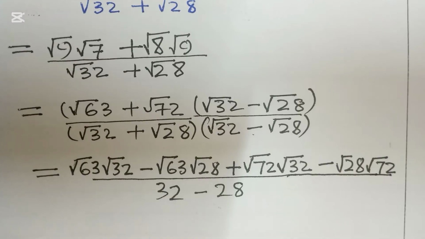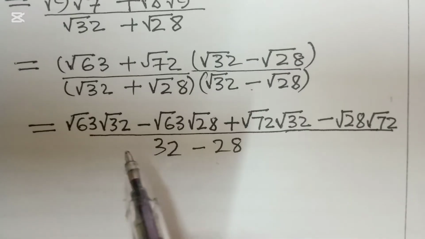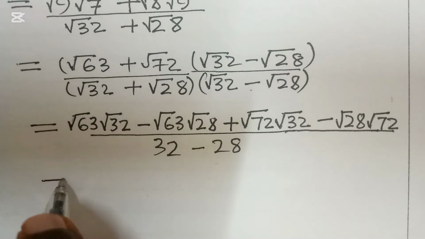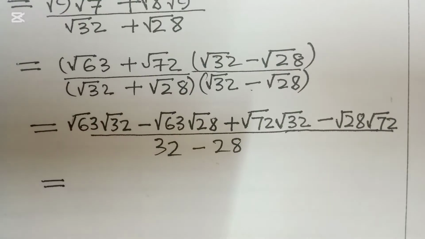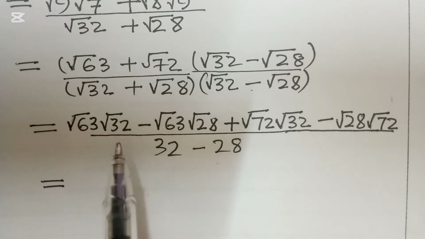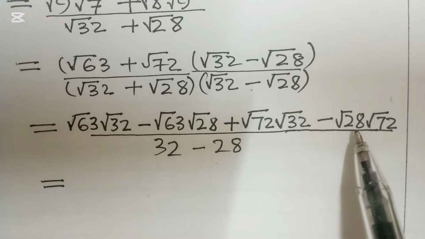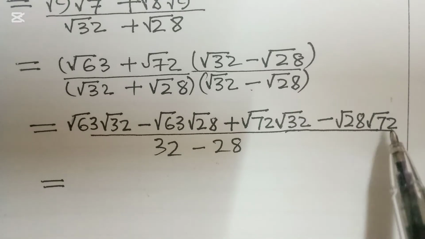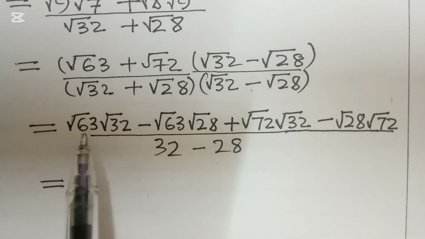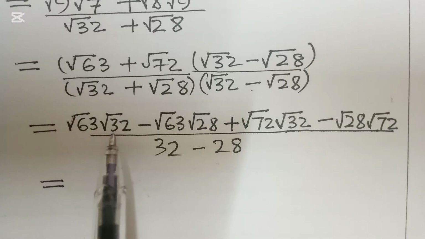So guys, when we do that, we can continue to evaluate. We can check the numbers that can be added together. Here we have 28, 72, and we may not have another like that.